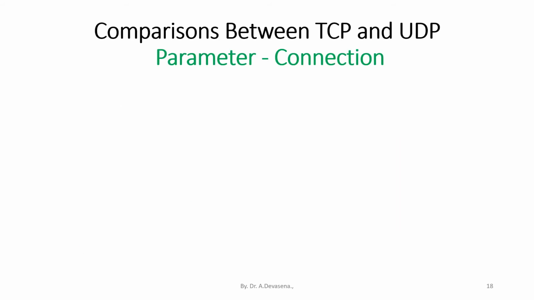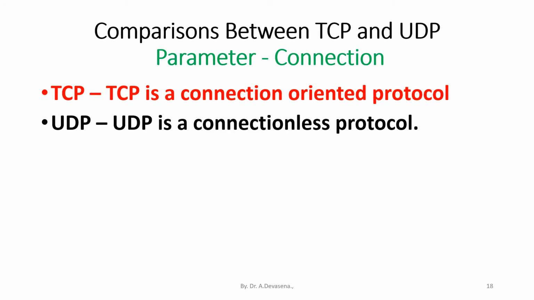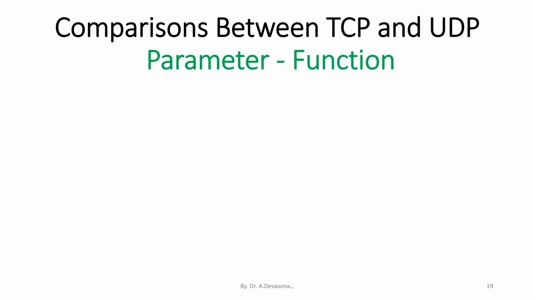Let us see the comparisons between TCP and UDP. The parameter we are going to take here is connection. TCP is a connection-oriented protocol, whereas UDP is a connectionless protocol. The next parameter is function.